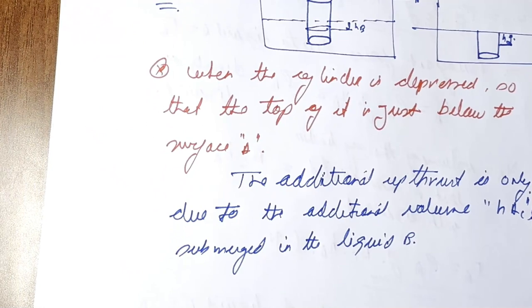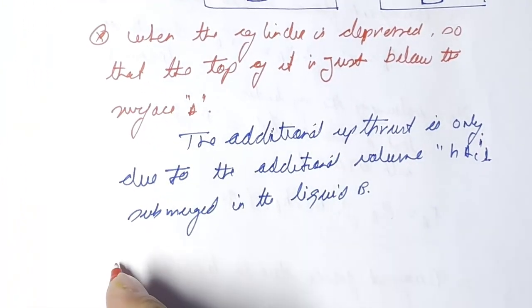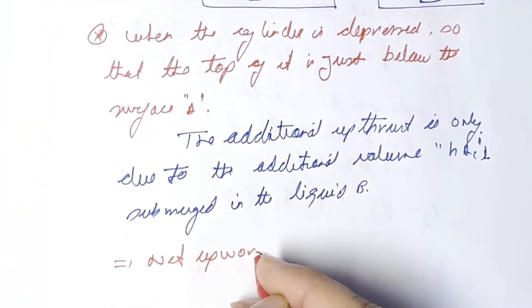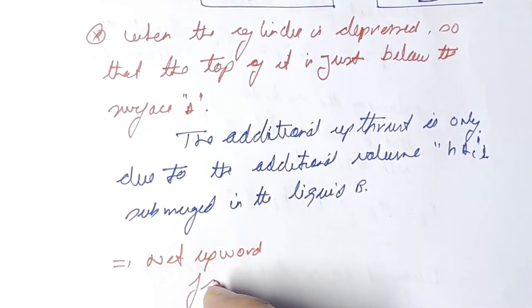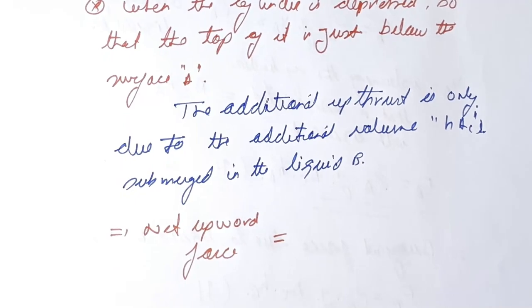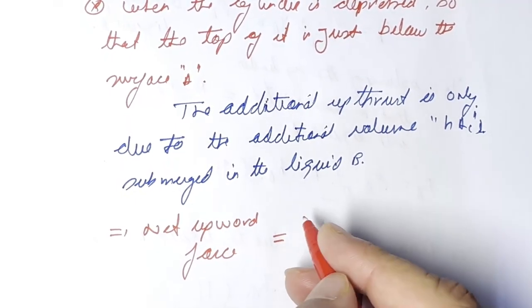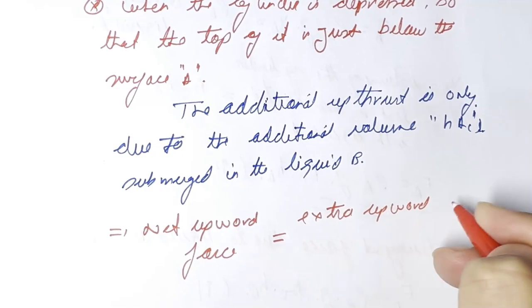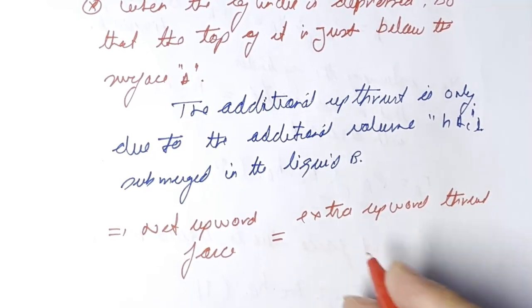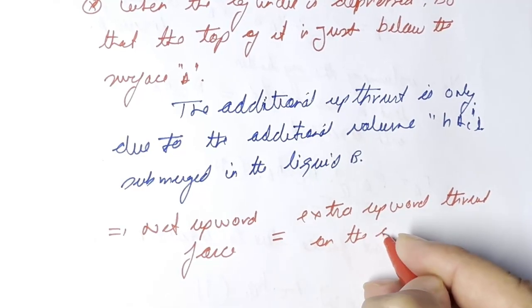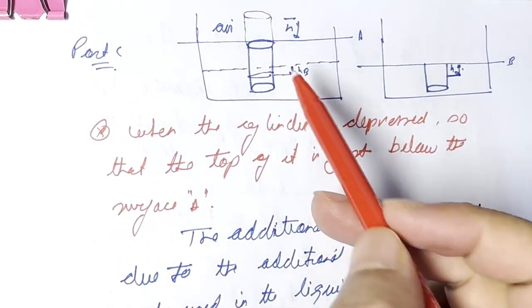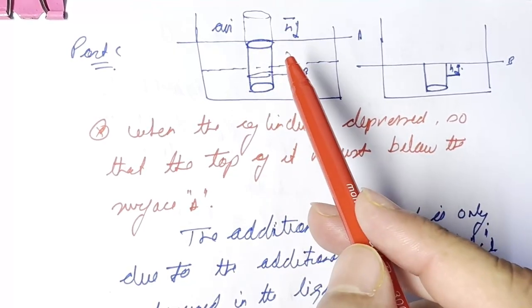So therefore we can say the net upward force will be equal to the extra upward thrust on the cylinder, because previously the cylinder was in equilibrium.